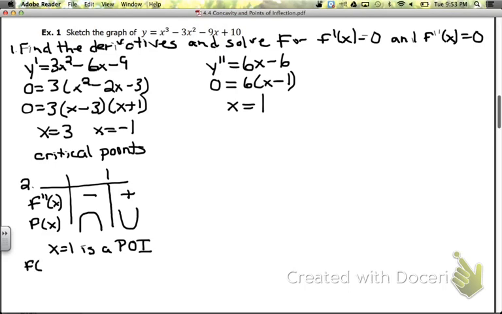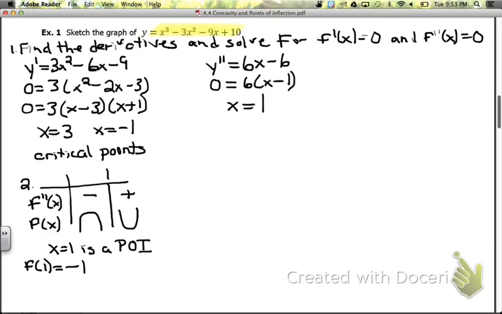So when x is 1, we can solve this and we get that our function will equal negative 1 at this point. Remember, we can find that by just subbing in 1 into our original equation.